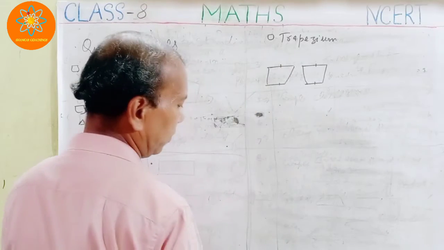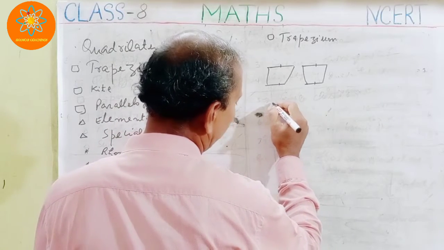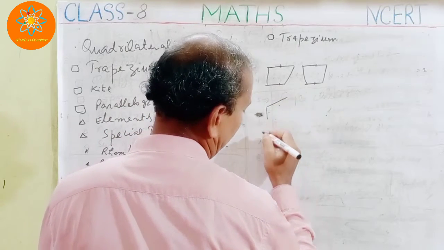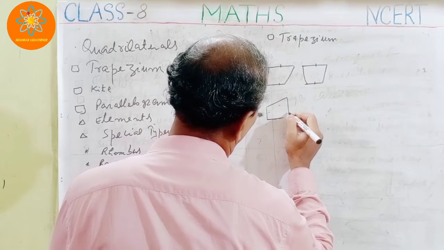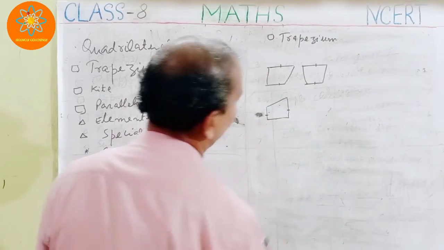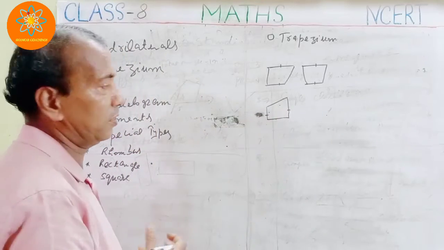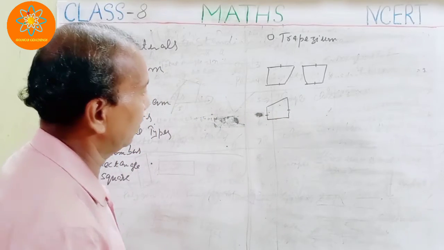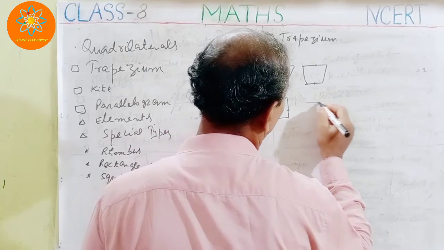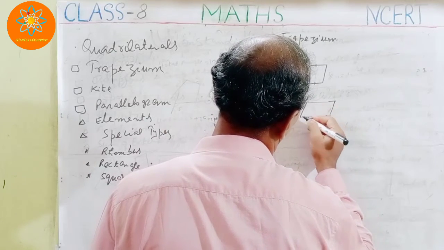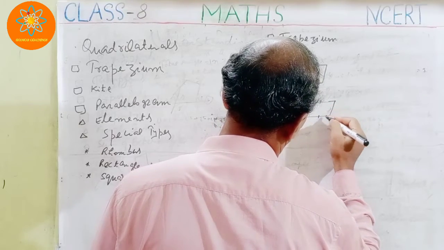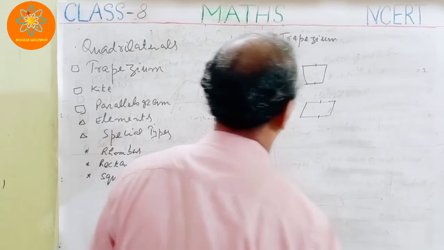I am taking one more example. Let's suppose this one. This is also a trapezium, because this one pair of sides is parallel. This is also a trapezium, and in this also one pair of sides is parallel.